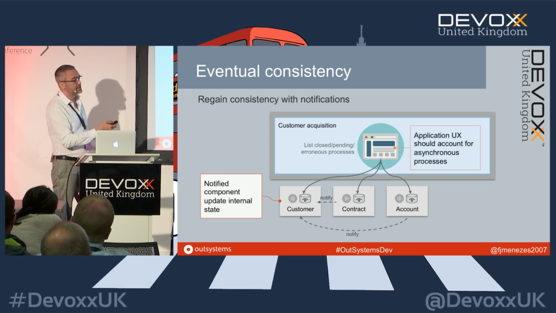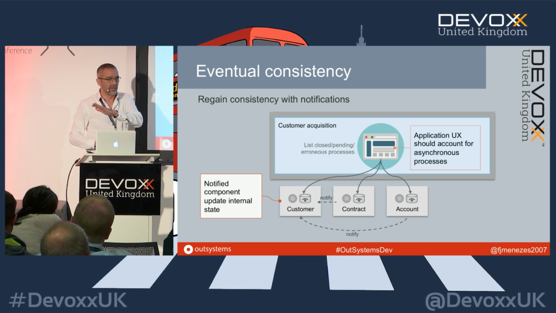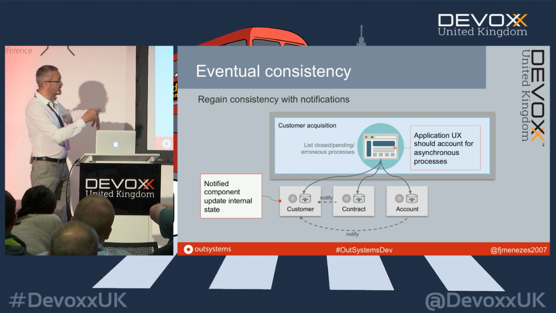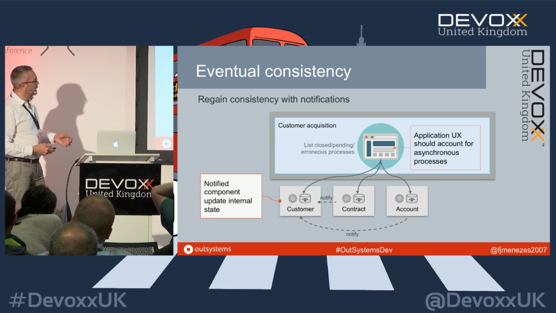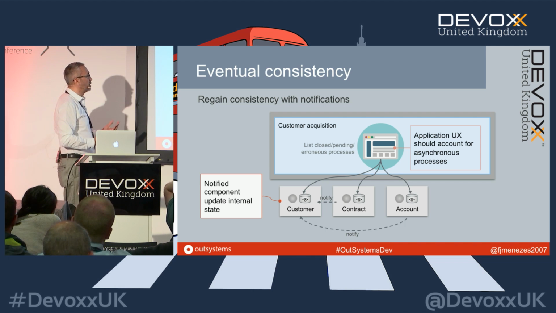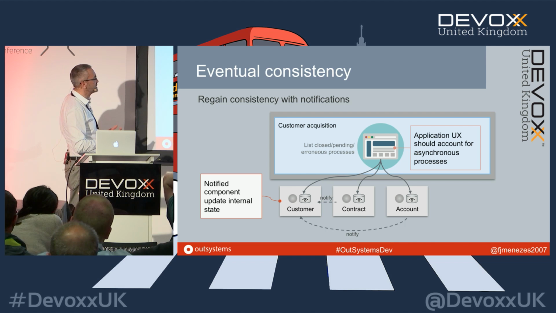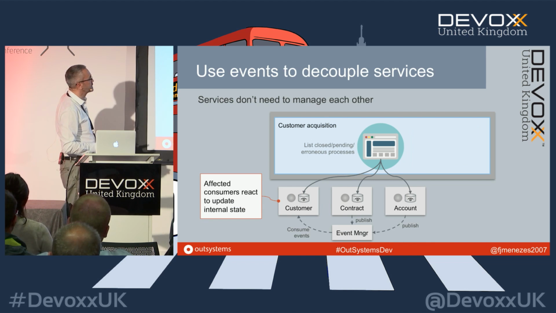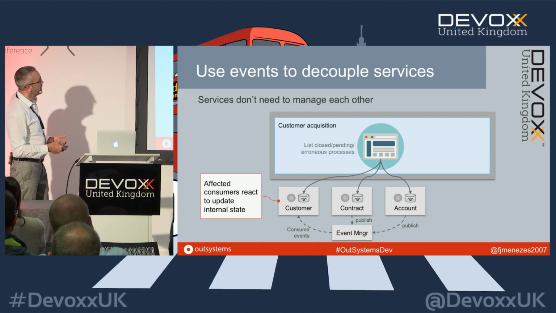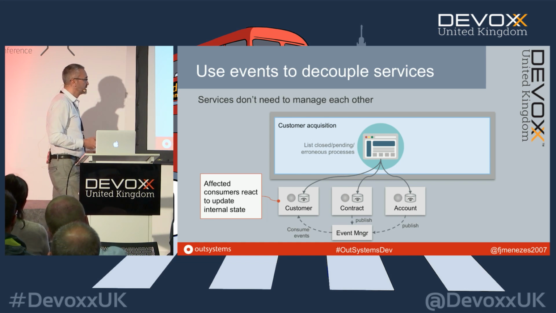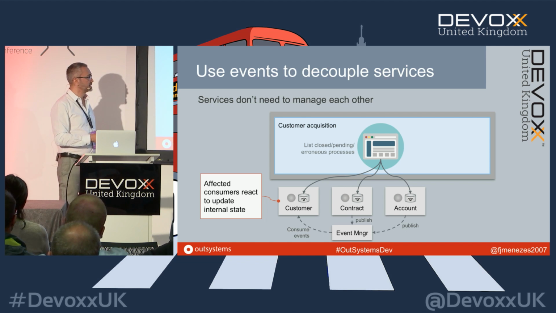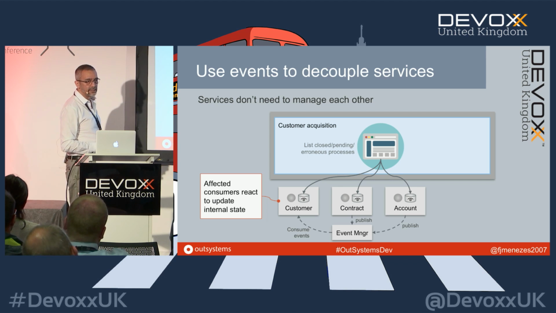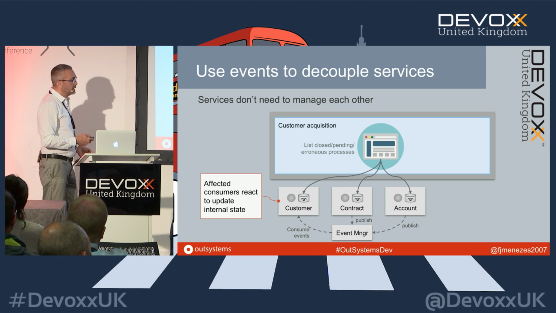The UX must account for the fact that this is going to be handled, and consistency will be automatically fixed. Now, this approach has another problem, because now I have services having to know which one to notify. So the generic design is to use events to further decouple services. So I simply publish that something happened, and whoever is interested will consume and act upon it, right?